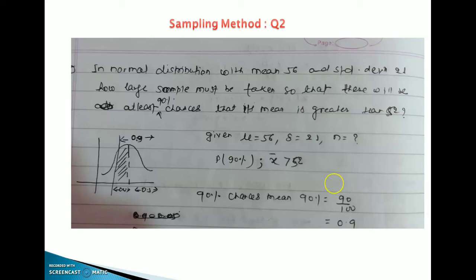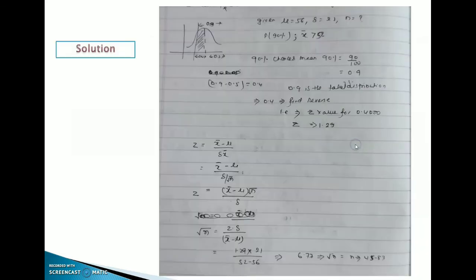So here the sample size is being asked, so we have to find small n, and the probability is given, that is p is 90%, and its mean is greater than 52. Its mean, that means the sample mean, as we know, is x bar.